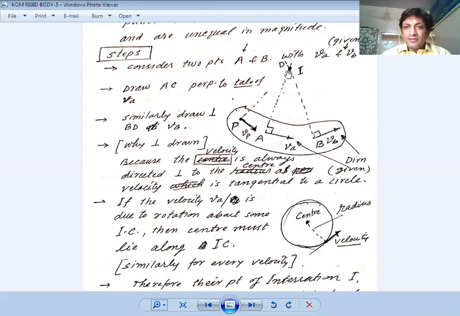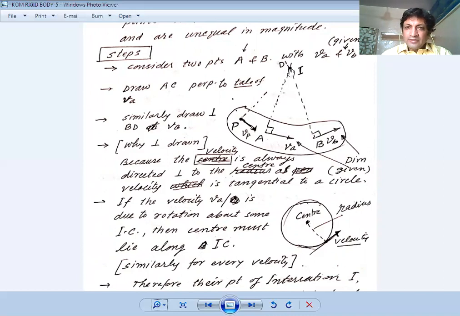But if this whole body shifts from this point rightward or leftward, it will change again. So the instantaneous center for velocity A is IA, and for velocity B is IB.